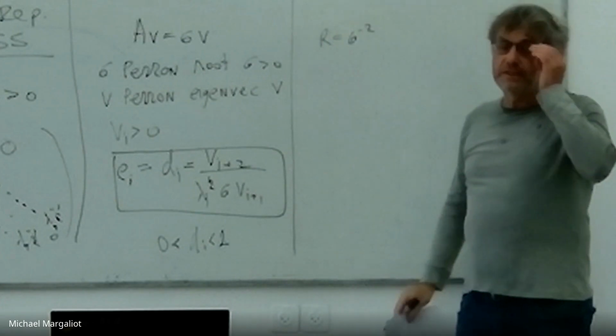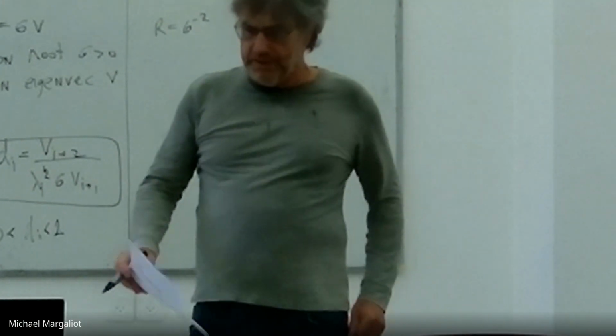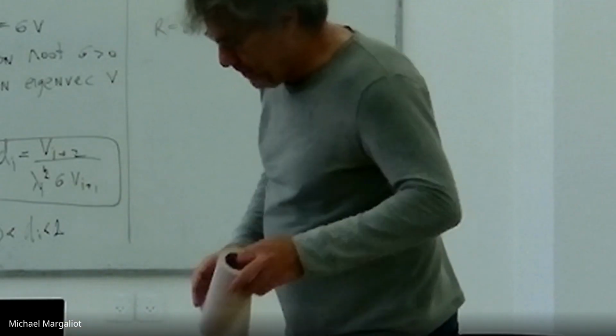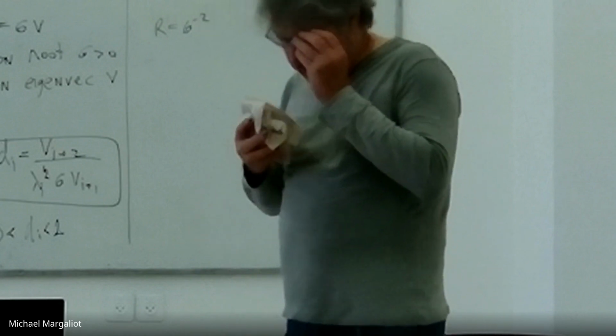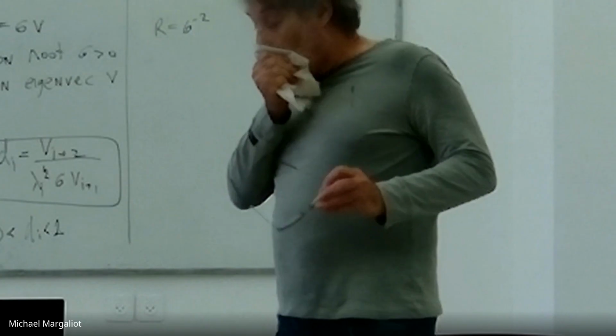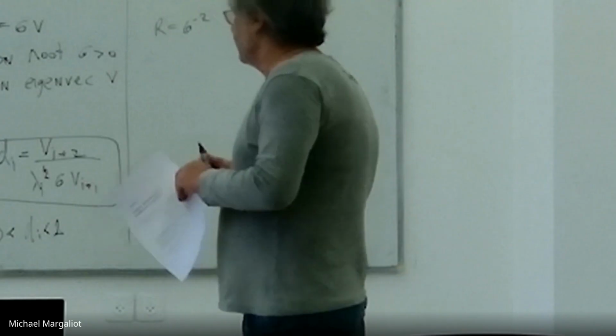So we have all these quantities, and I call this the spectral representation of the RFM steady state.